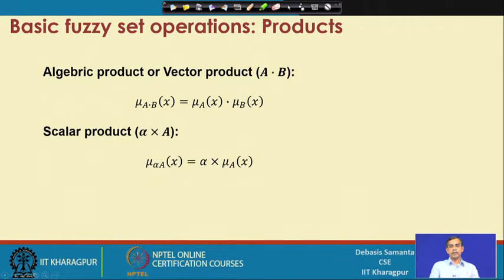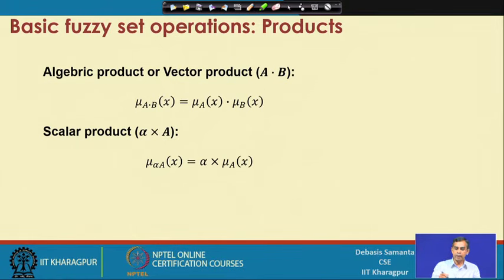Now, these are the very simple operations: union, intersection and complement. There are a few more operations. The first operation in this context is called algebraic product or vector product.